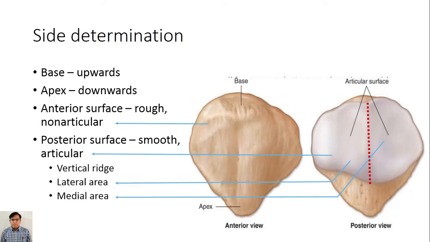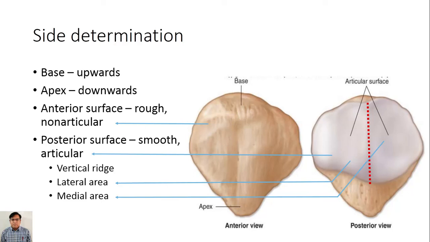The problem is how to decide whether it is of left side or right side. It can be done by the lateral area, which is larger. If we place patella on the table by the larger area, so the lateral area is situated laterally.